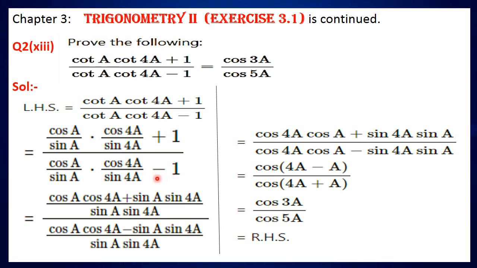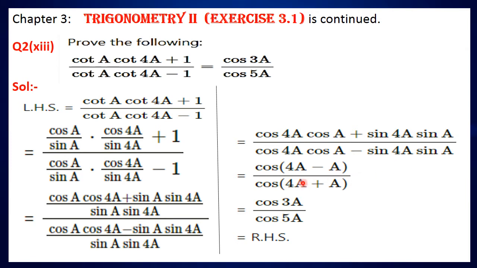Now we cross multiply the terms: cos A cos 4A plus sin A sin 4A upon sin A sin 4A, divided by cos A cos 4A minus sin A sin 4A upon sin A sin 4A. Here this denominator and this denominator can be cancelled. We get cos 4A cos A plus sin 4A sin A upon cos 4A cos A minus sin 4A sin A.